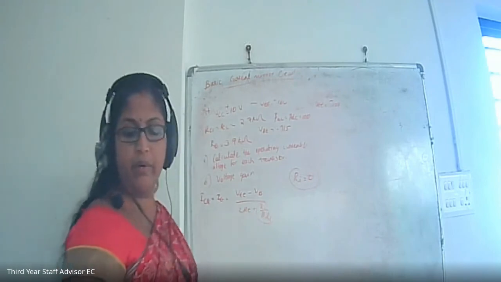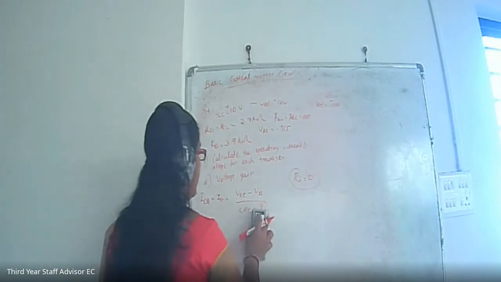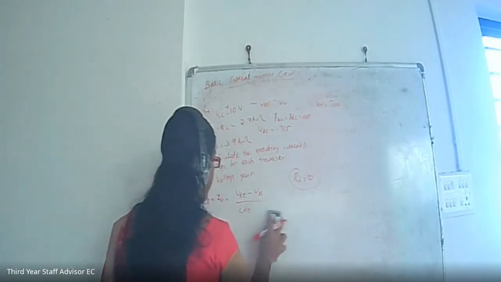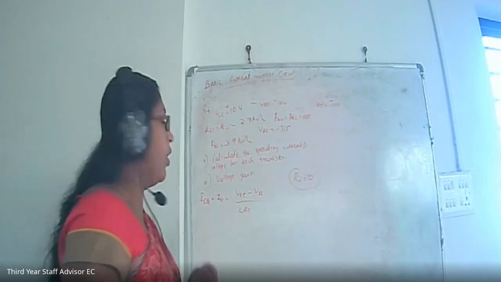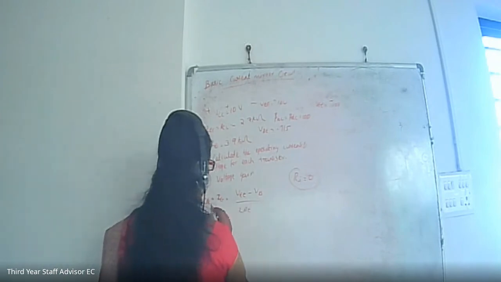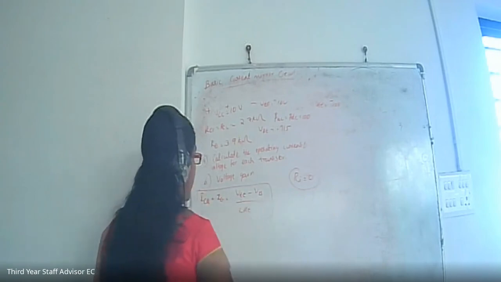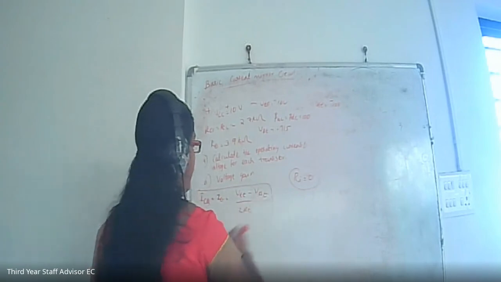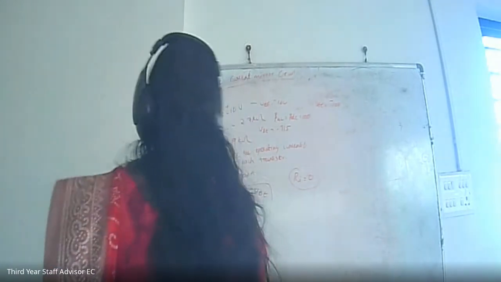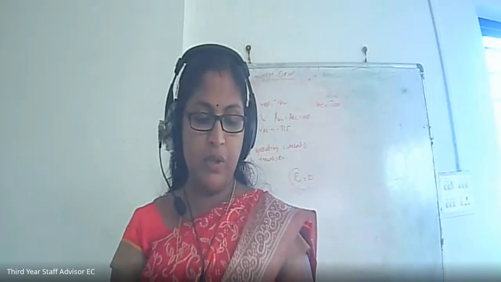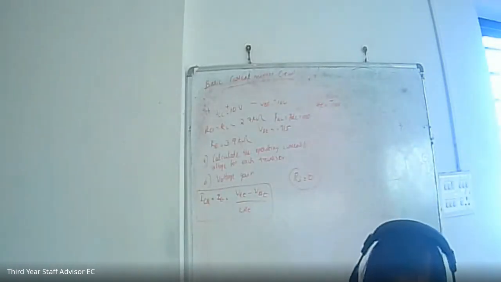Since RI equal to 0, ICQ equal to IE equal to VEE minus VBE divided by 2RE. That is our equation. Now you can substitute the values.